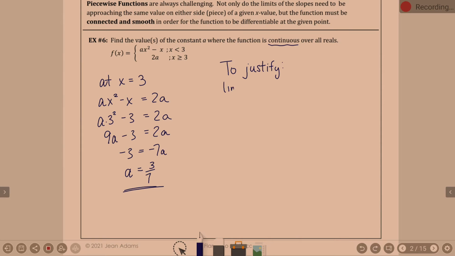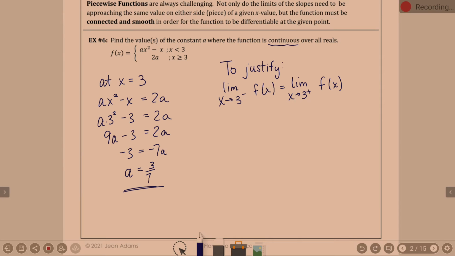The limit from the left of f of x has to equal the limit from the right of f of x. And we can show this by putting a in now.